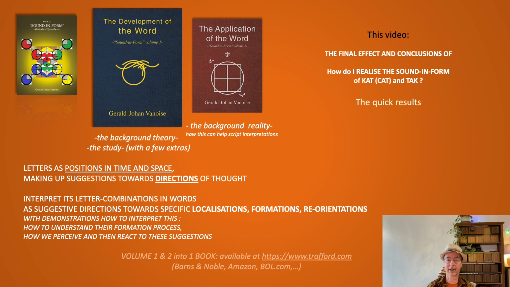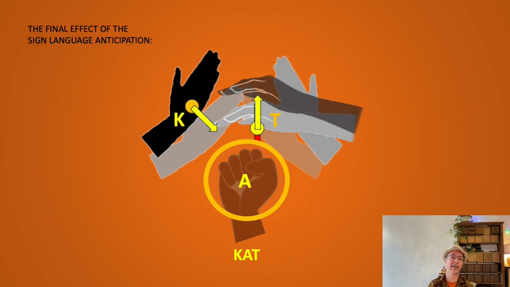I have the K, A, and T in sign language. So the K, A, and T in this order: I start from the K, go to the A, and go to the T, and you have that kind of effect. So K, A, and T. With the K, you break something apart.